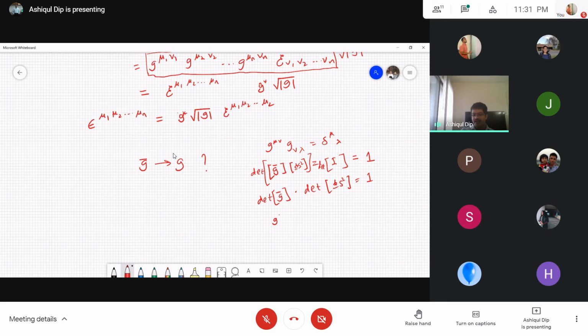So it's G star times the determinant of ds square, which is just G, equals 1. So G star, which we are not going to use anymore, is 1 over G. So I can substitute that over there. So it is the square root of the absolute value of G divided by G times E mu1, mu2 up to mu n.